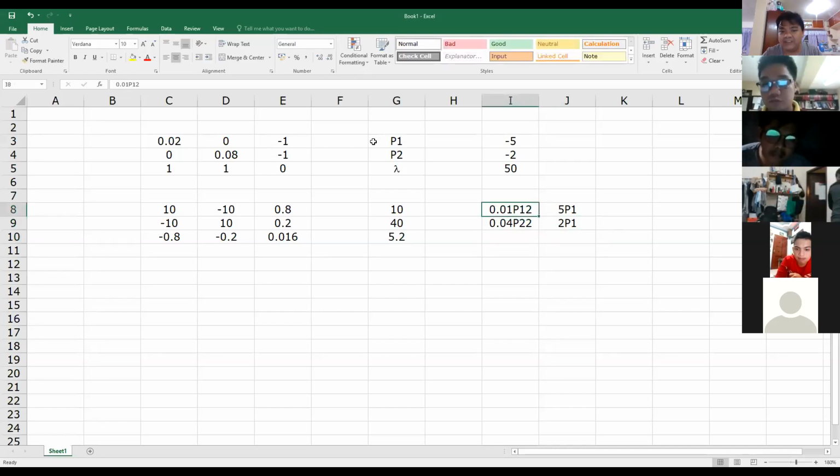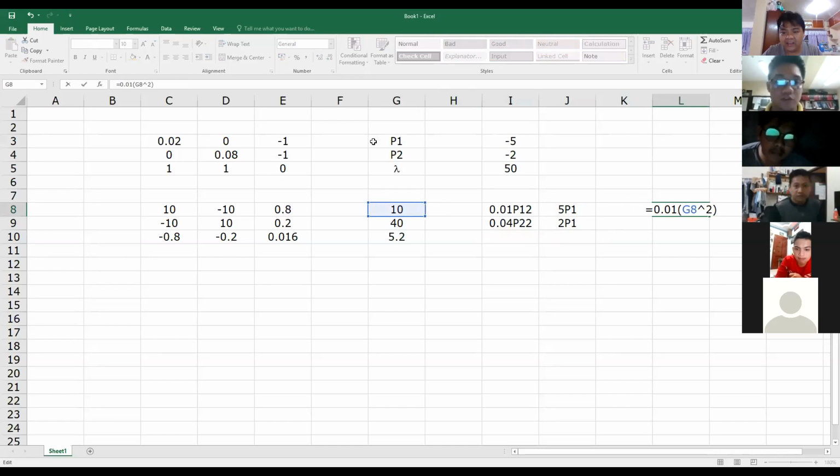Okay. Pag sinabi mong 10, ano yung fuel cost ngayon? Di ba gagawin mo lang 10 square, 0.01 times P1 squared.